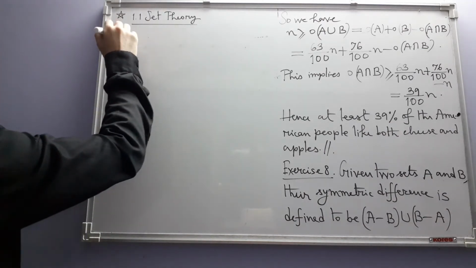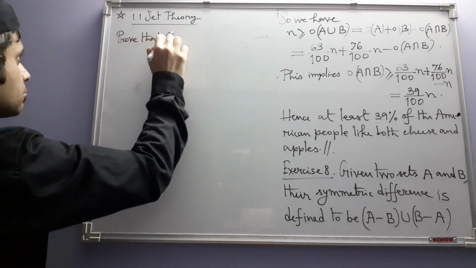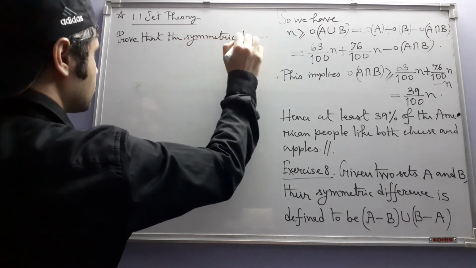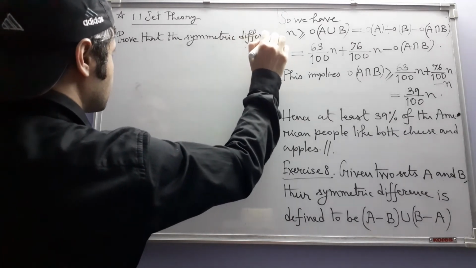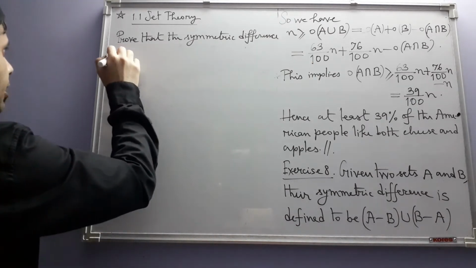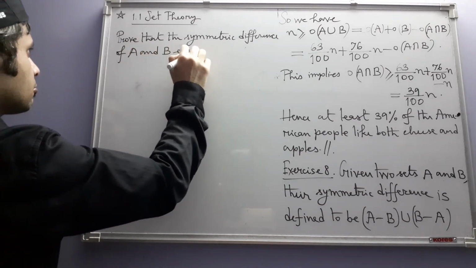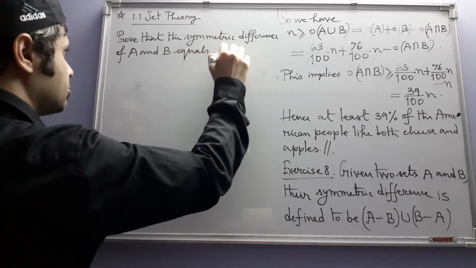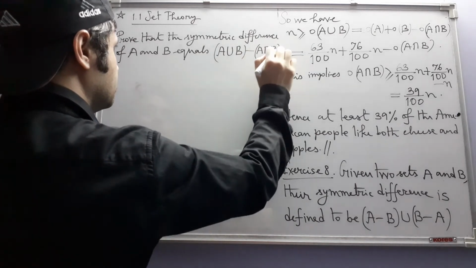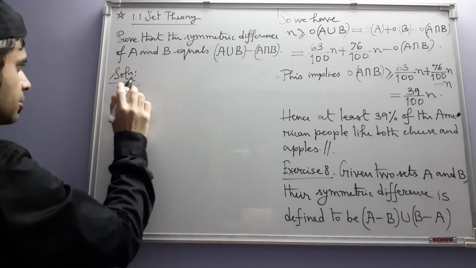Prove that the symmetric difference of A and B equals this set, A union B minus A intersection B. So the solution goes as usual.